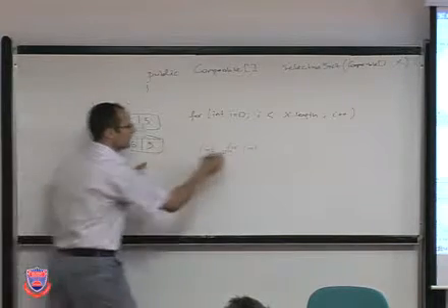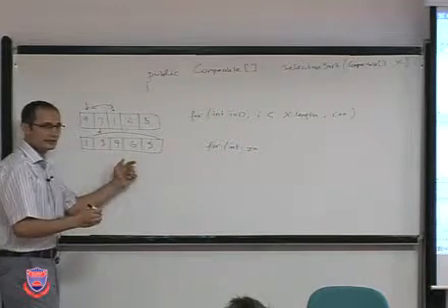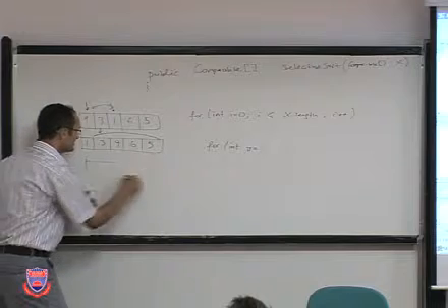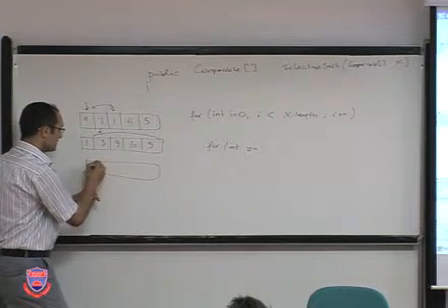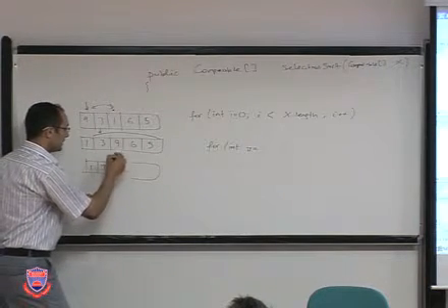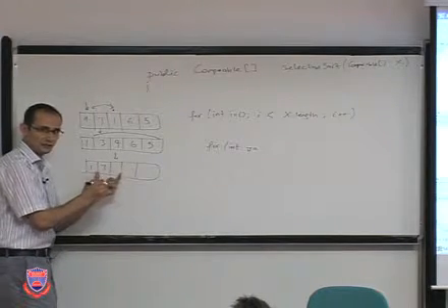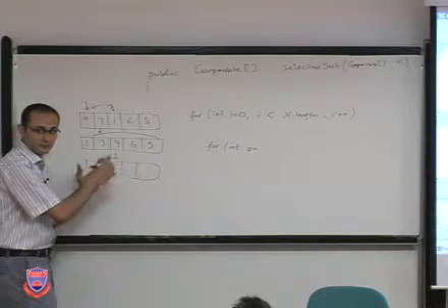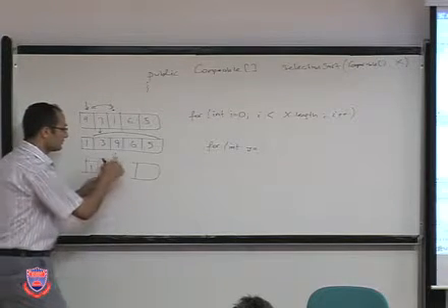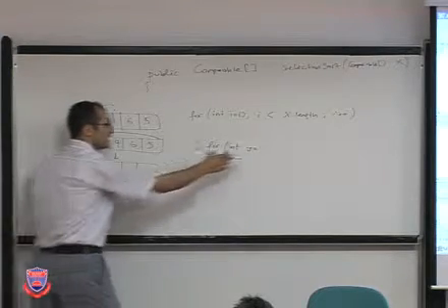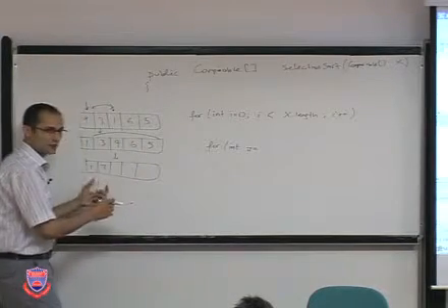So I will start with j equals i, because I know this part is already sorted. So the next thing I will do is increment i by 1, since I have 1 and 3 here, and then my i points to this position, and I will search among these 3 elements to put whatever I need to swap. I will choose and insert it into this position because I already know this part is sorted. That's why I start with j equals i, right?